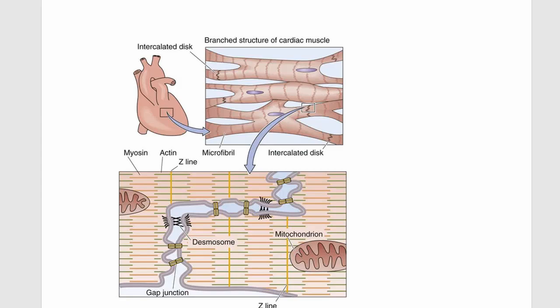So desmosomes are anchoring junctions that provide mechanical strength and stability to these intercalated discs. So they anchor adjacent cells together, and that helps withstand the mechanical stress generated during the cardiac contraction. So as you can imagine, the heart is always going, so it's under a lot of stress.